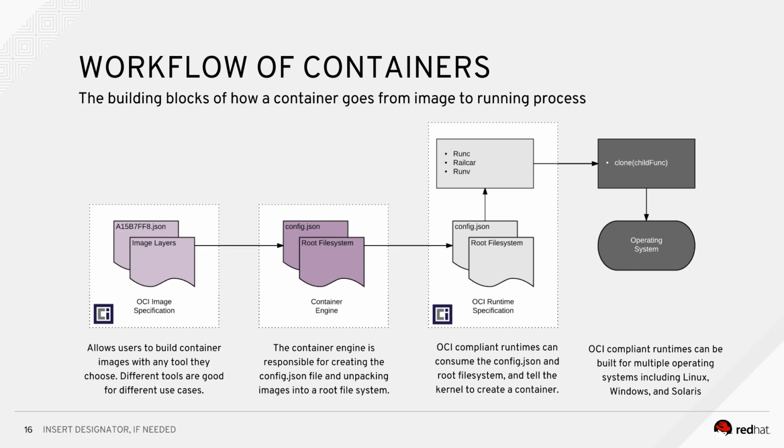So if you were in root, it would be /usr and /bin and /sbin and all of the things that you're used to seeing in a Linux or Unix file system. And then the container engine hands that off to any OCI runtime compliant piece of software. runc is the reference implementation, but there are actually others like Railcar and runv.